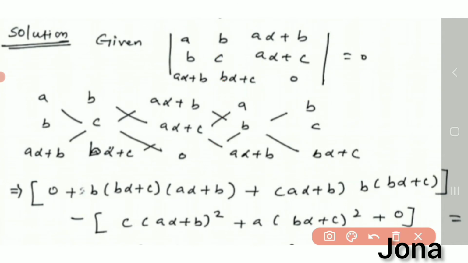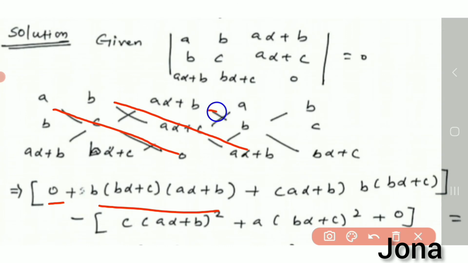Now we multiply crosswise. First, A into C into 0, that is 0. And then B into A alpha plus C into A alpha plus B, as given. And then A alpha plus B into B alpha plus C, as given. So one diagonal is over, and then put minus.